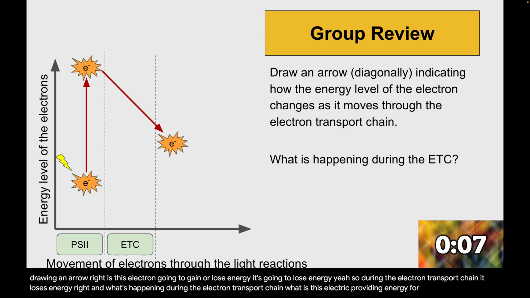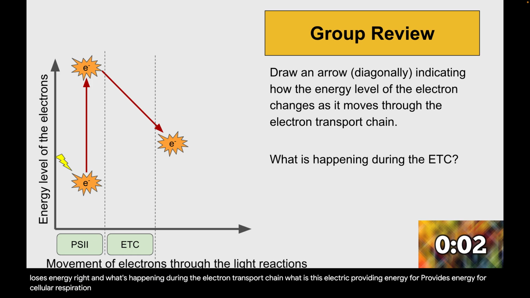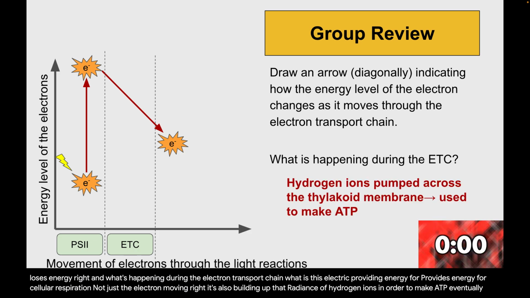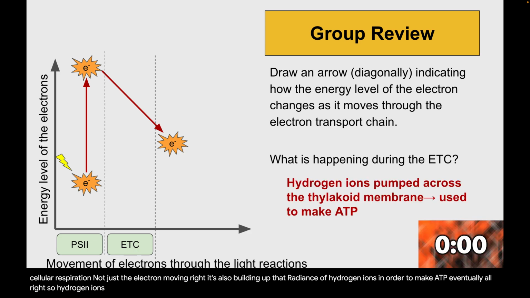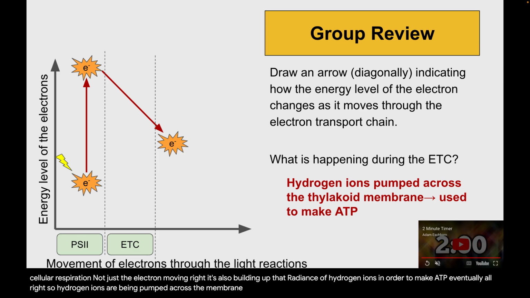Very similar to what it provides energy for in cellular respiration. Yeah, it's not just the electron moving. It's also building up that gradient of hydrogen ions in order to make ATP eventually. So hydrogen ions are being pumped across the membrane, being used to make ATP.